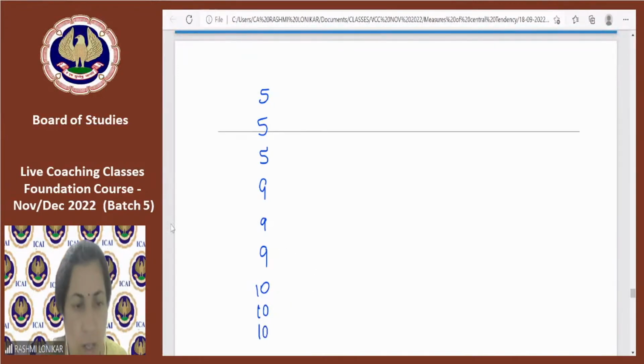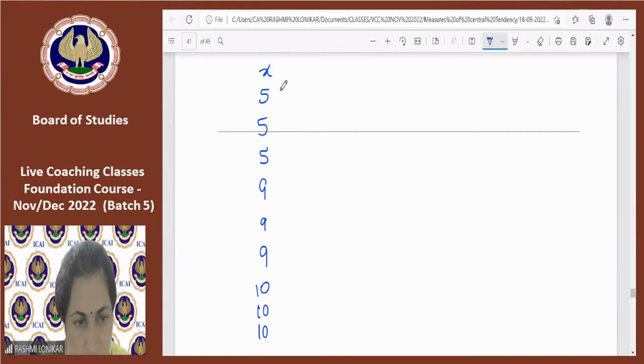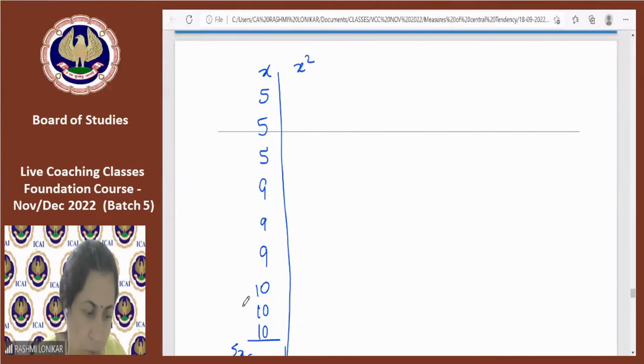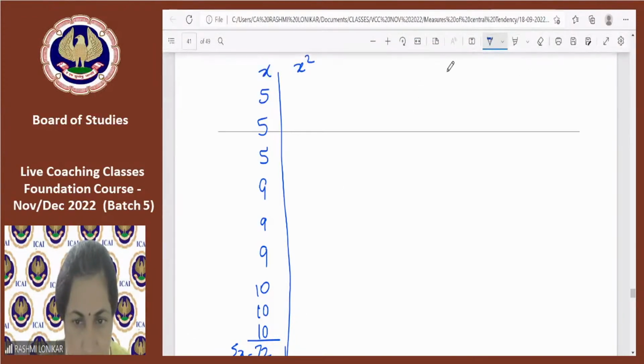So this is x. She wants to find the standard deviation using the second method, that is finding x square and then finding x bar. Now what is summation x here? This is 30 plus 27 plus 15, which is 72, right? So from here I get x bar, which is equal to summation x upon n, which is equal to 72 upon 9, which is equal to 8.